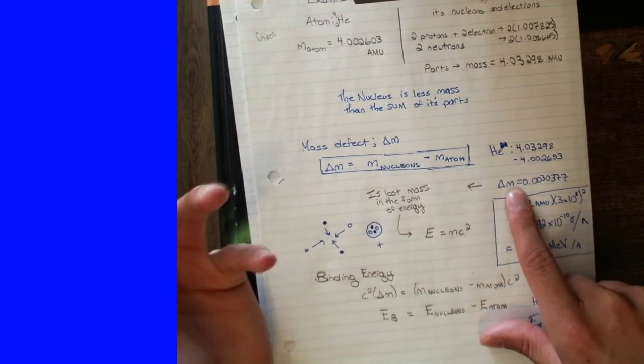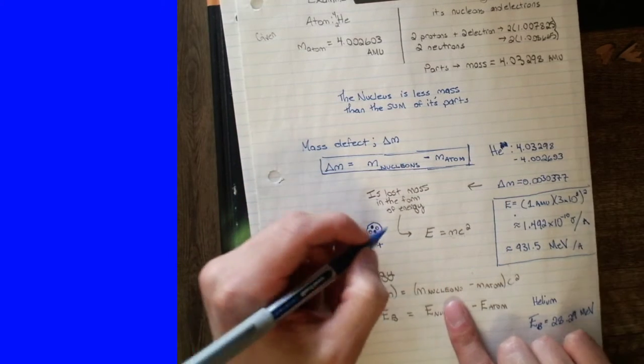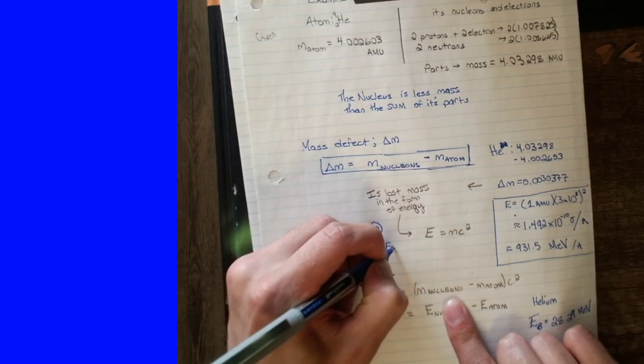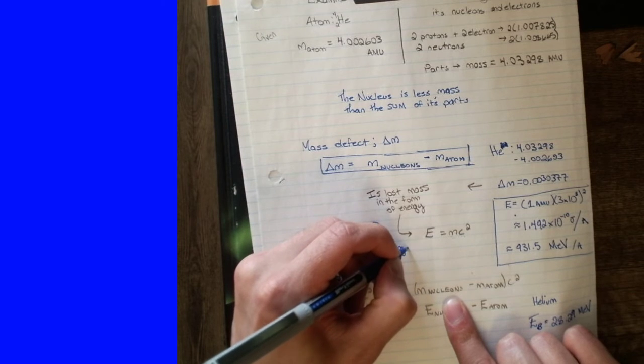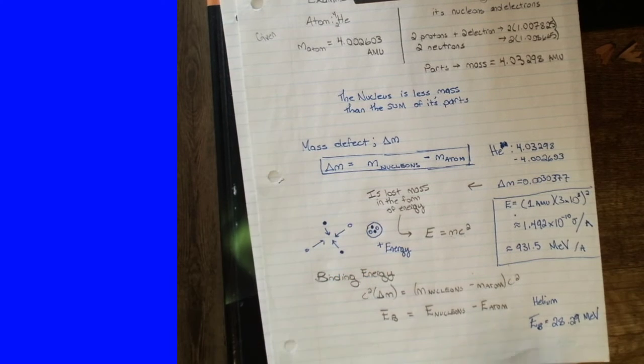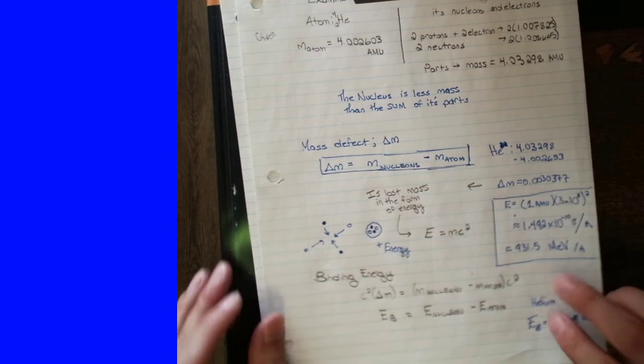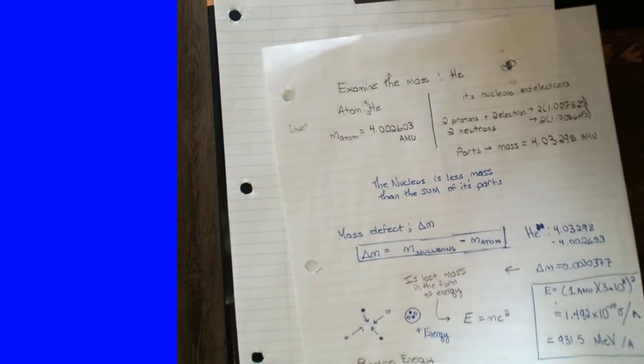It's given off, and it can be given off in the form of energy. So I get a little bit of energy here. In fact, I kind of get a lot of energy. We'll come back to that lot of energy in a second, we want to look just a little further at this delta N.